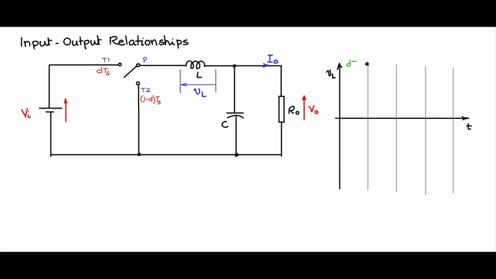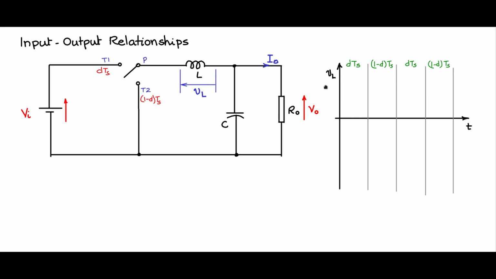I will call this period dTs, the time period during which PT1 is on, (1 minus d)Ts, the time period during which PT2 is on, dTs again as the second cycle starts, and (1 minus d)Ts. So these are the time periods.